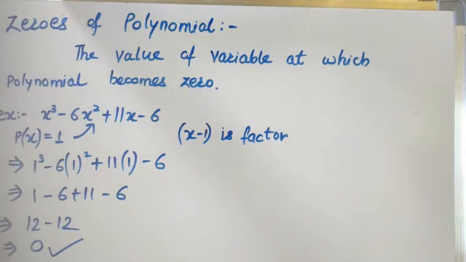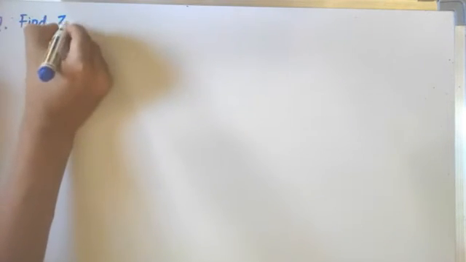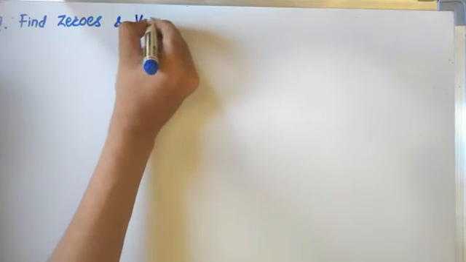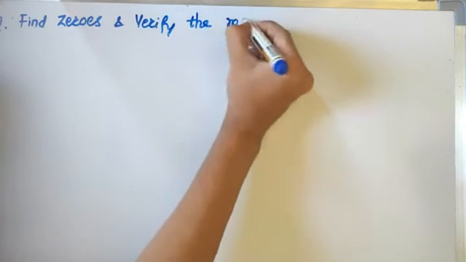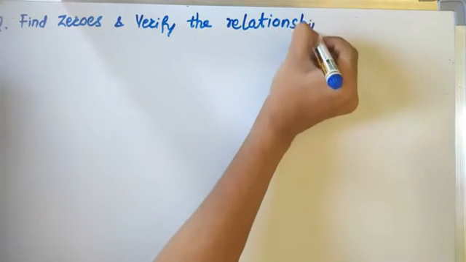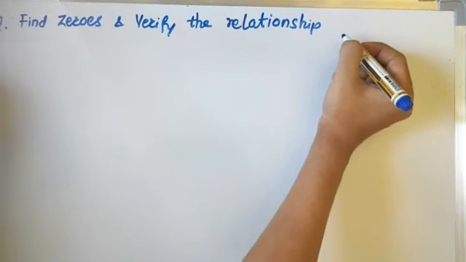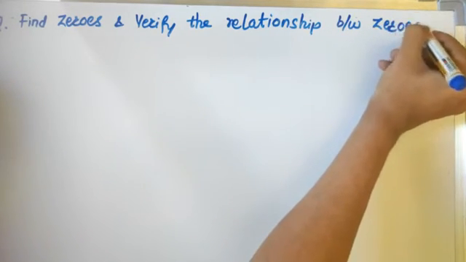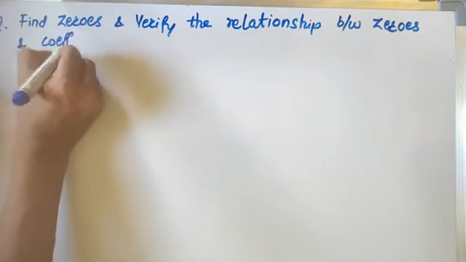Let us see some examples of how questions arrive. Find zeros and verify the relationship between zeros and coefficients.